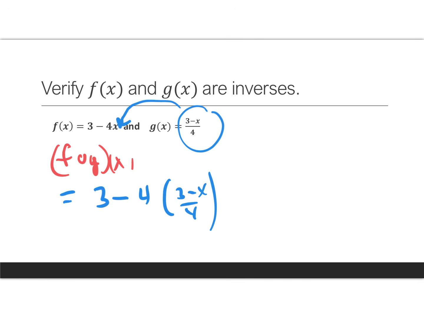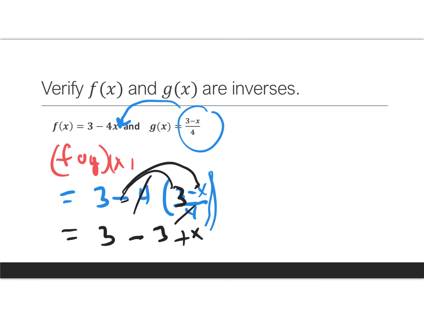So when I see a 4 in front of this fraction here, the denominator will cancel. That turns into 3 minus, I still have a 3 right here, so I'm distributing that minus. Then I have a minus being distributed to the minus x. That becomes minus plus x. 3 minus 3 plus x is x. Okay, good. That's the one side.